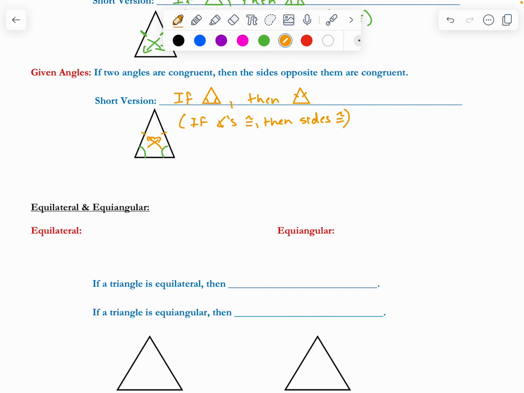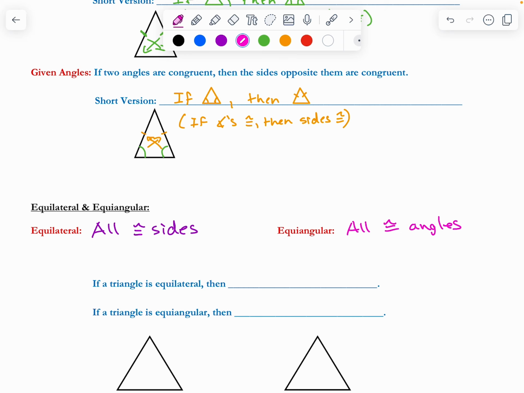Let's keep going. Equilateral and equiangular triangles. Equilateral, well, if you guys remembered already, this means all congruent sides. Equiangular means all congruent angles.